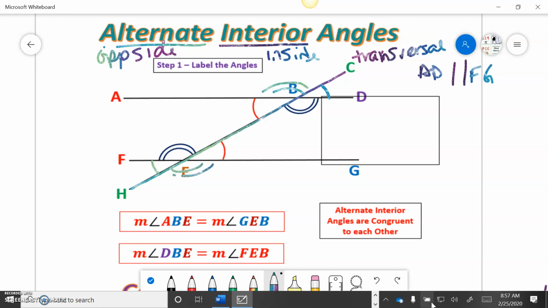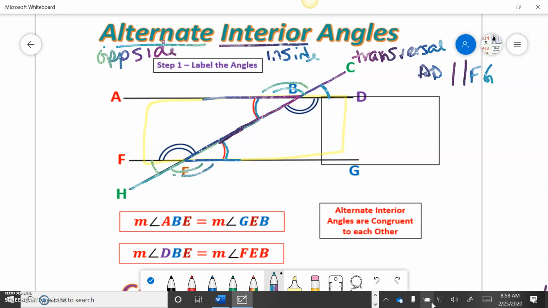If we're looking at alternate interior, then we are only looking inside our parallel lines. We can see here that we have angle ABH and CEG. These are on opposite sides, so these are going to be equal to each other.